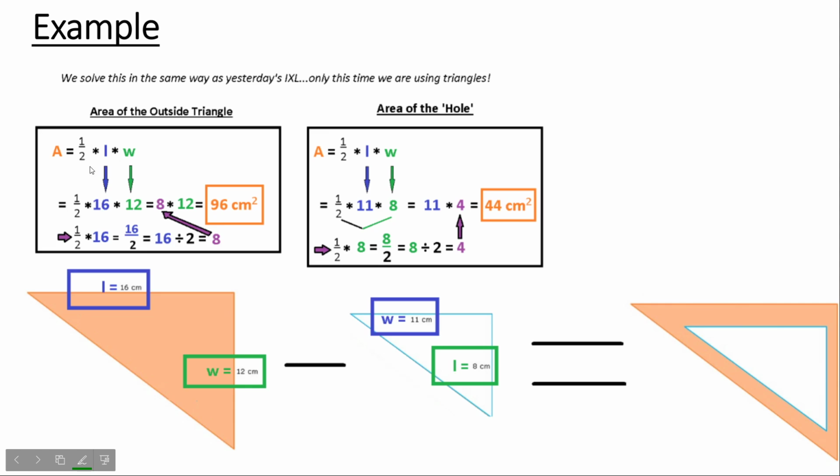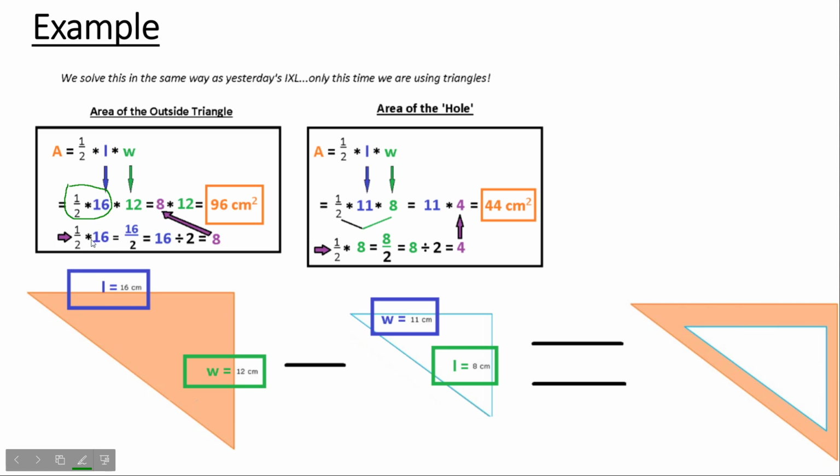And now we're going to take this 1/2, and then multiply that by 16 and 12. Now, the trick to multiply this 1/2 times one of these numbers is to look for an even one. In this case, they're both even, but let's take 1/2 times 16.